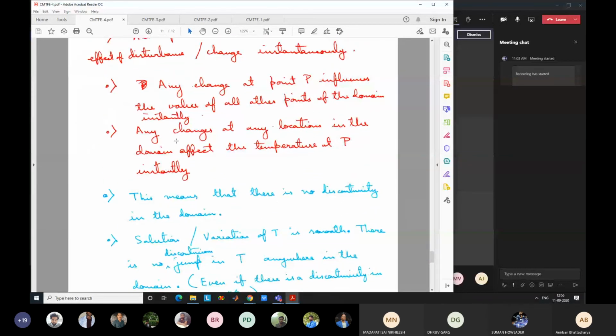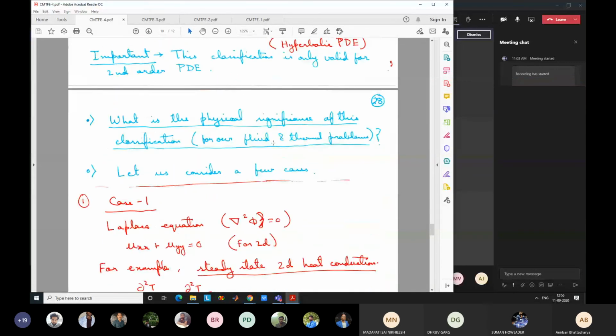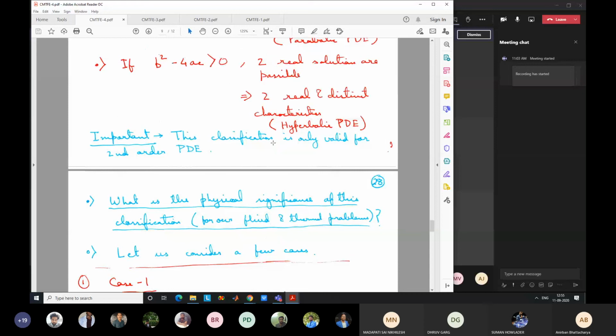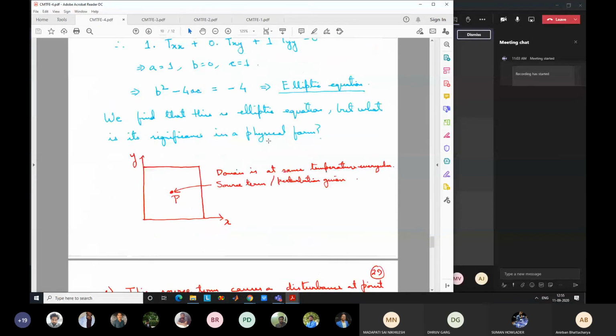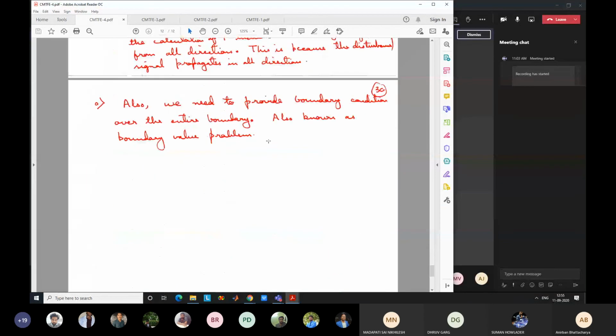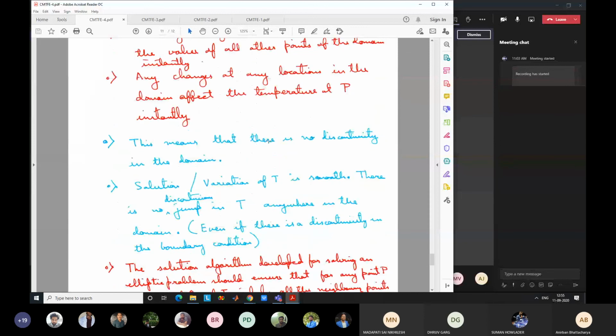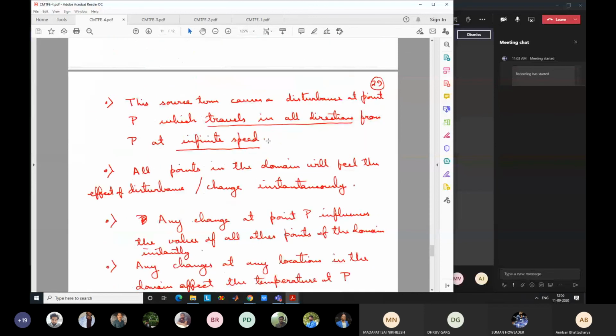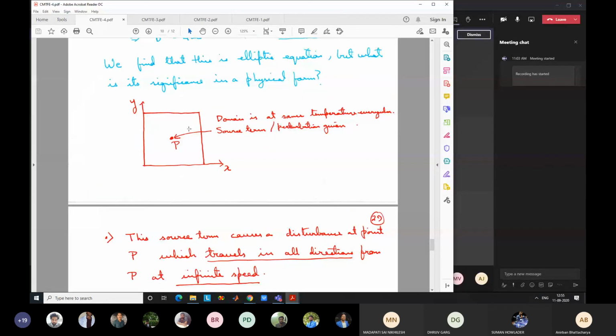And hence we can connect it with our elliptic equation, that there is no characteristic line, because we said that for a characteristic line there should be some line across which there is a discontinuity in the domain. As we cannot draw any line like this or this or this, across which there is a discontinuity, the solution is continuous everywhere.